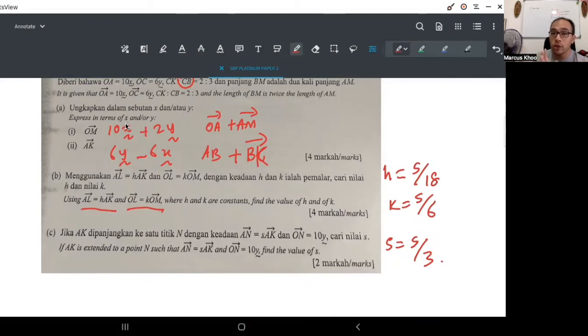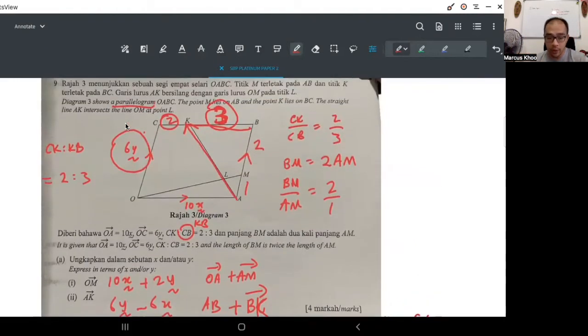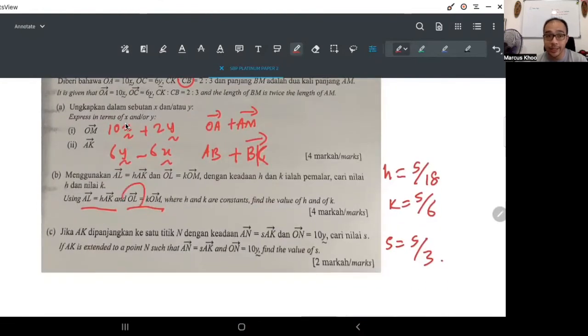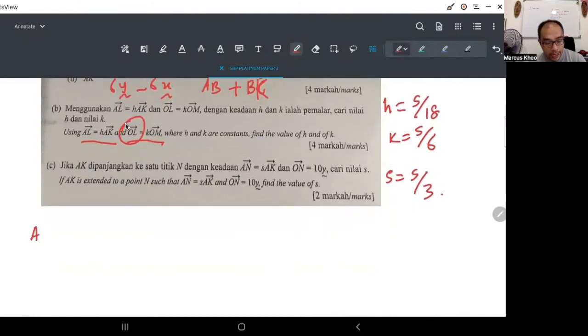You want to make sure that you add something so that the left and the right have the same vector. If we look at this one we want AL, so the best way is AO plus OL so that we can use the OL in here. So I can write down that AL equals AO plus OL.